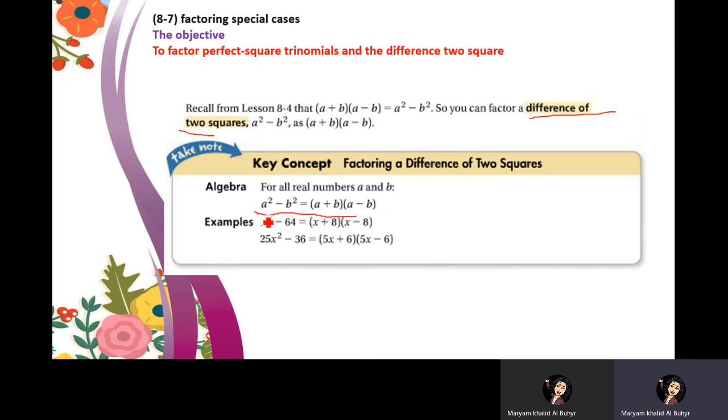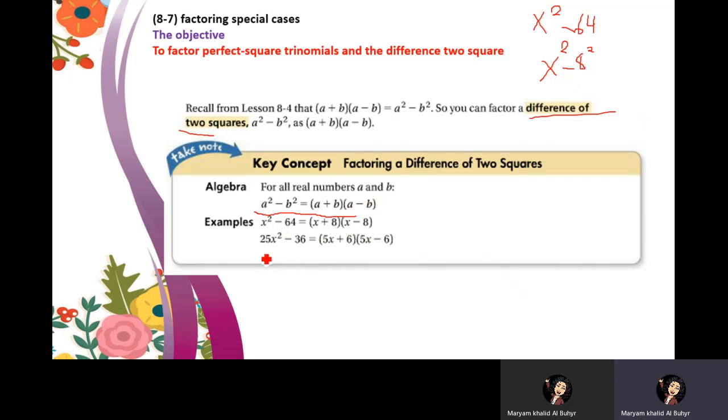If you have, for example, x to the power 2 minus 64, you can directly say that x corresponds to a. For b, you can change this one into 8 to the power 2. Now you have everything exactly the same as this rule. Just rewrite it: x minus 8 and x plus 8.